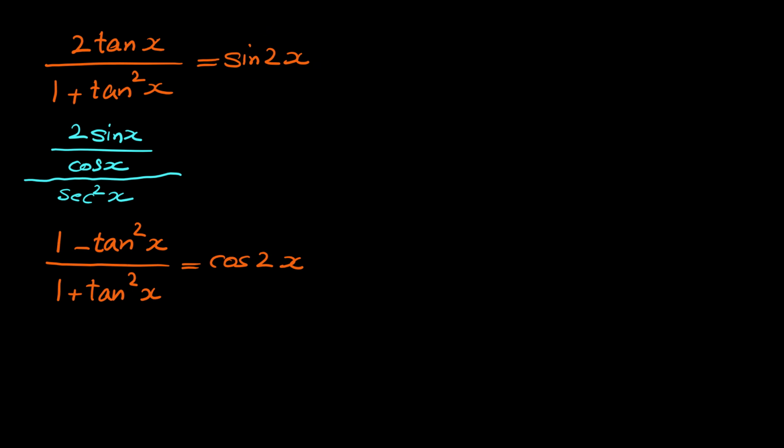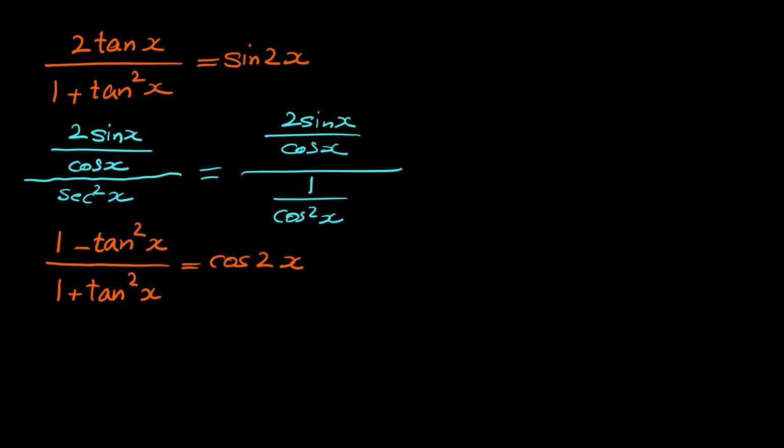So let's use a technique to get rid of secant. What identity do we have to use here? Secant is 1 over cosine based on reciprocal identities. So we can write this as 2 sine x over cosine x all over 1 over cosine to the 2.